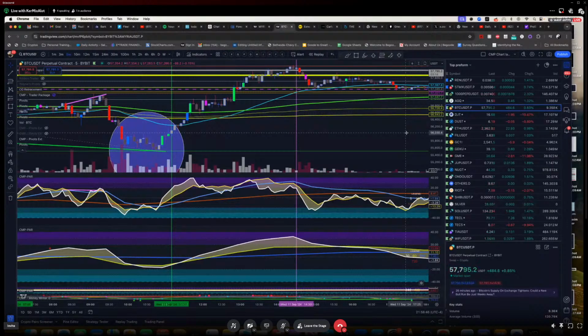So I wouldn't blame anyone for closing the entire position right there in that zone when it looks like it's rejecting from that big fat yellow or lime colored line. That's a really valid place to close the whole position.